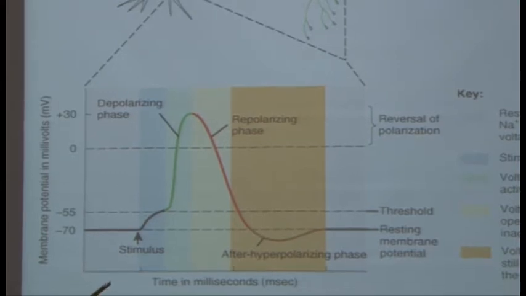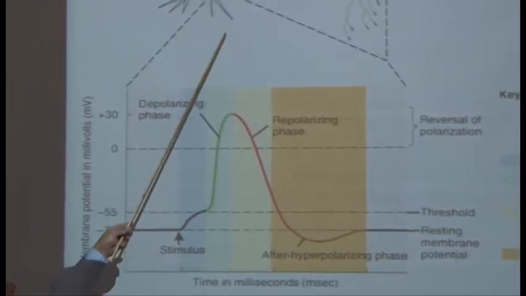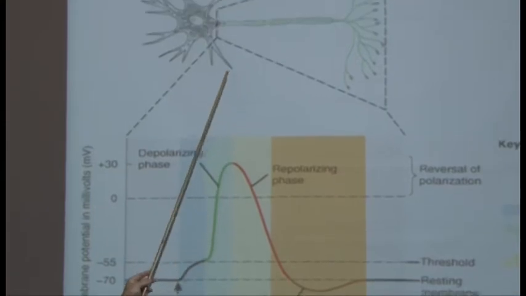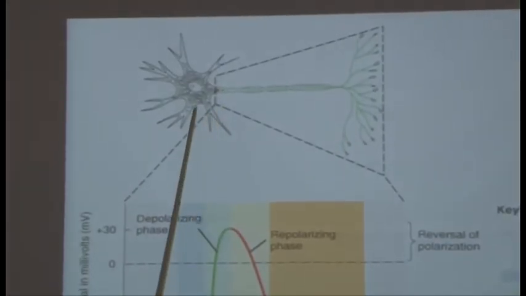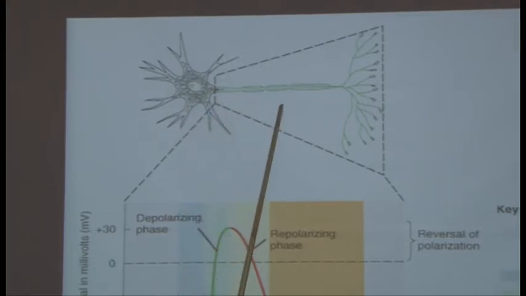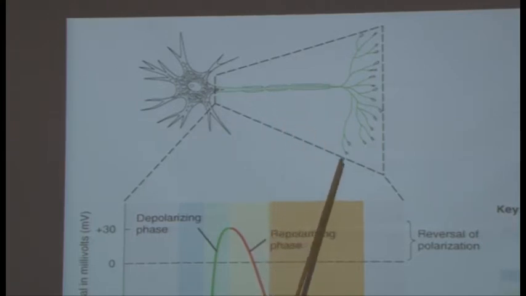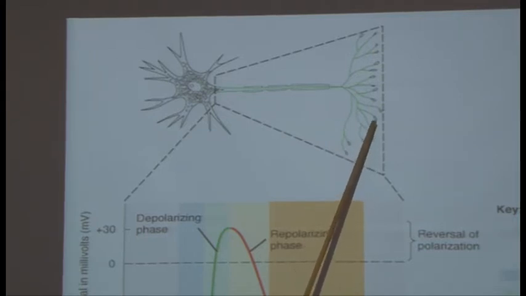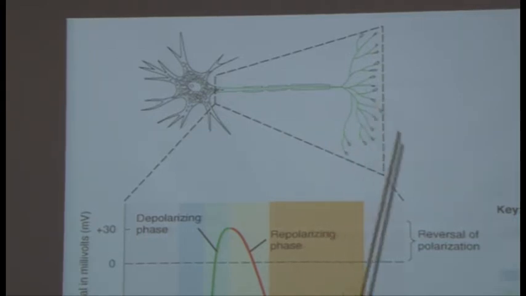So this graph is actually for a neuron, a motor neuron. This part of the neuron would be in your spinal cord, and then this part of the neuron would exit the spinal cord and become part of a spinal nerve going out to your body, and then this would be a motor unit. And every one of these endings would be associated with a single muscle cell.